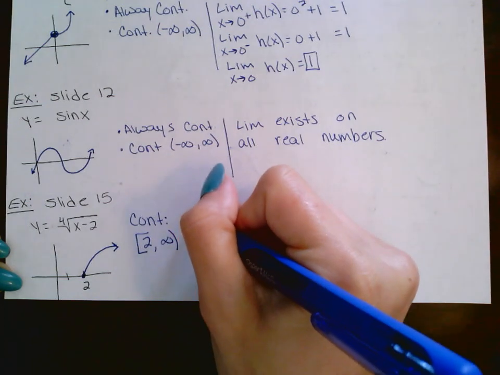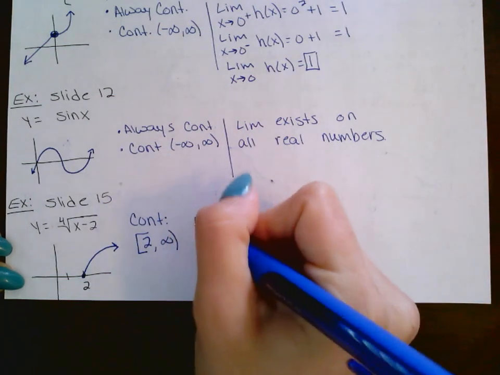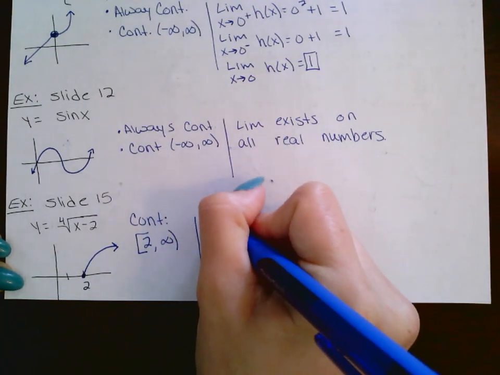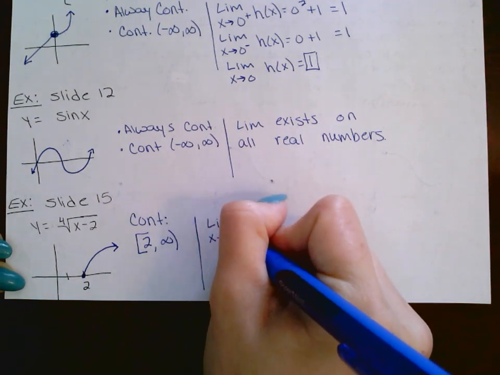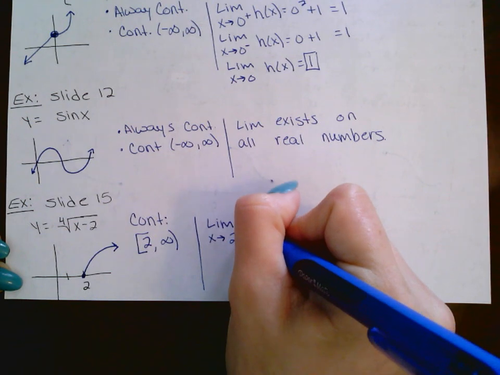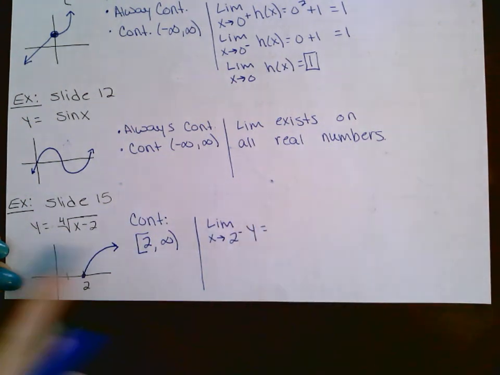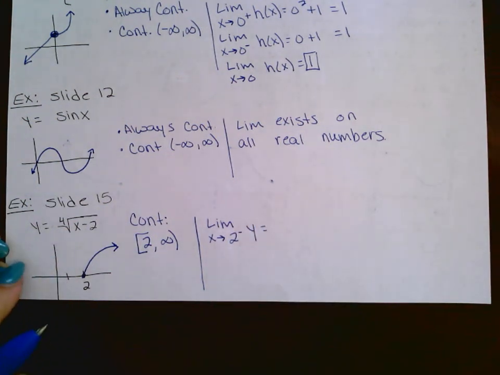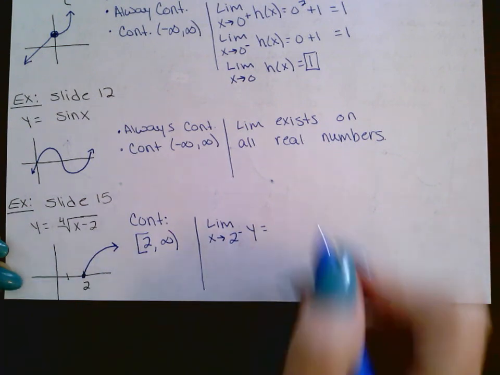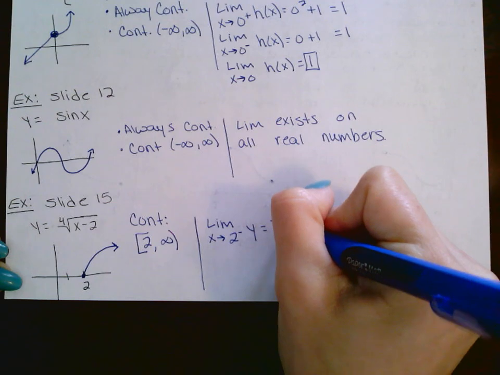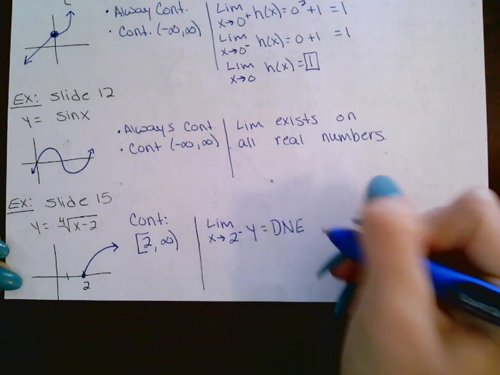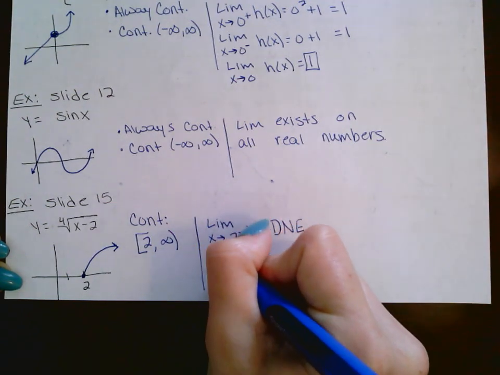Okay? Some things we can say about the limit at 2. We can say that the limit as x approaches 2 from the left, my function is y. From the left, there is no function to the left of 2. Therefore, the limit as x approaches 2 from the left does not exist.